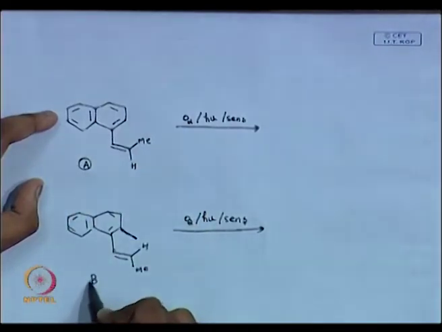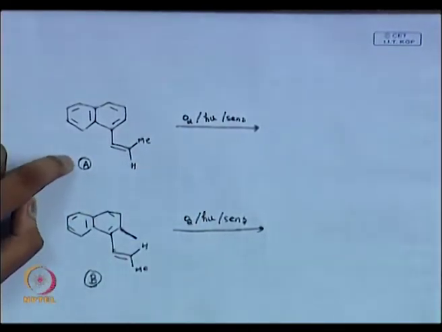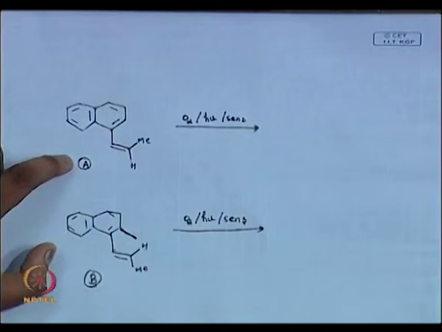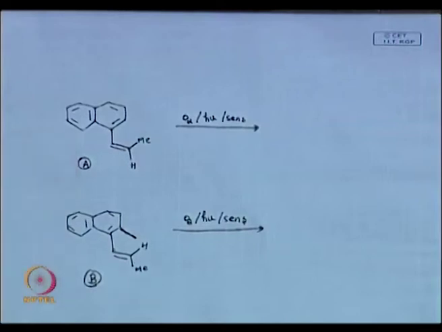Yeah, anyone can tell. You say? Okay, we call them A and B so that we don't get confused. So, you say A as the ene reaction. Why? Any idea?